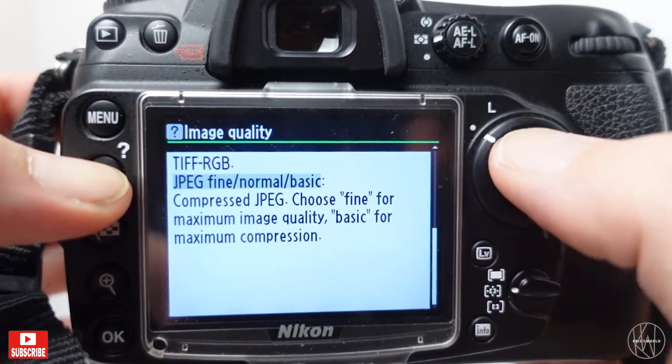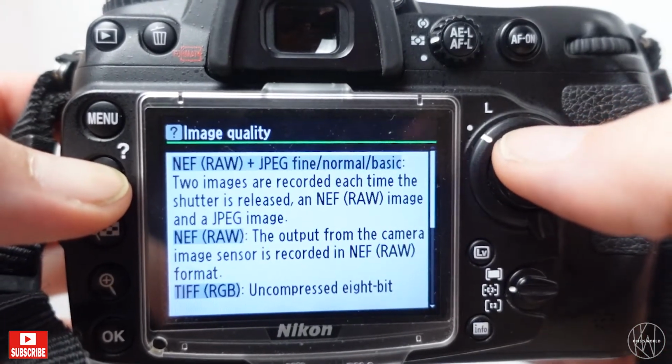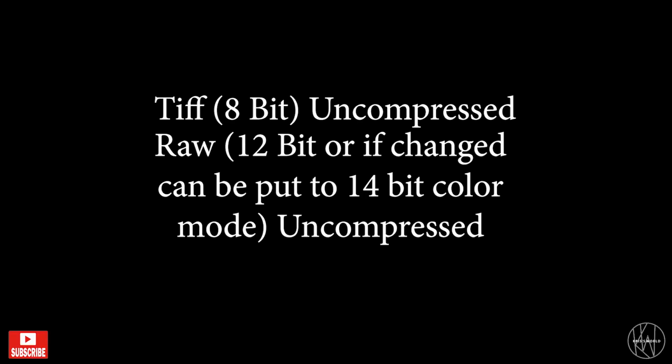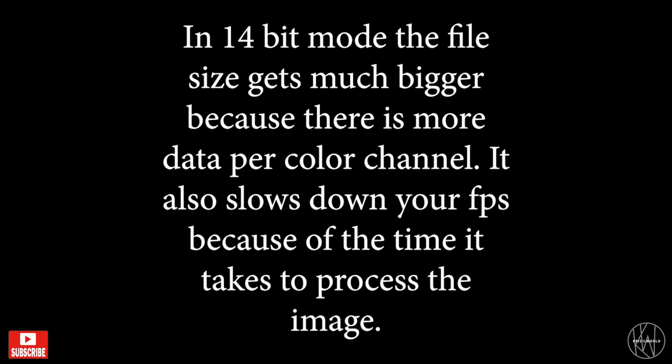So basically, it's uncompressed. Now, this only shoots in 8-bit, I think. So let me clarify a little bit. When you're shooting in TIFF, it is 8-bit color. When you're shooting in RAW, you're using a 12-bit color mode, and if changed in camera, you can use a 14-bit color mode, and everything is uncompressed. In 14-bit mode, the file size gets much bigger because there's more data per color channel.